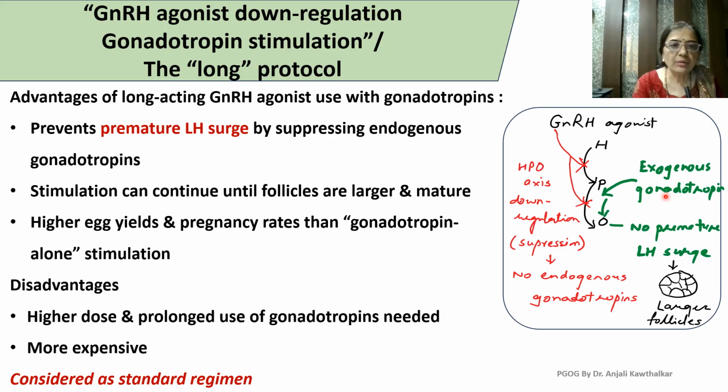So the gonadotropin dose which needs to be used is higher whenever we are using GnRH agonist, and it needs to be used for a longer duration also, which adds to the cost, as well as the use of GnRH agonist itself also adds to the cost. So overall it is an expensive regime.